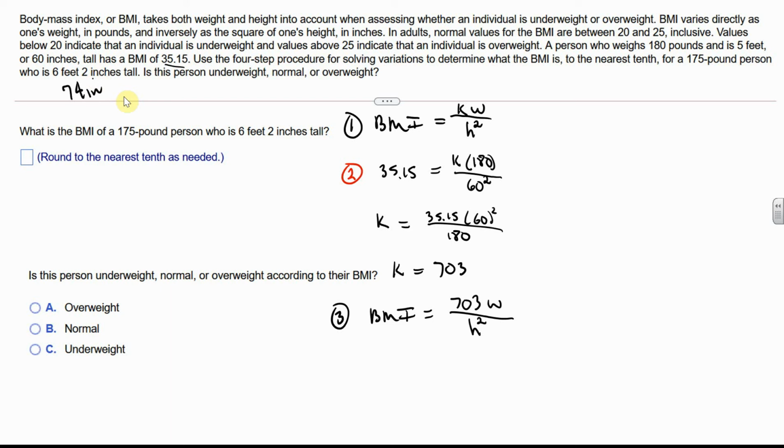See, here the units are all in inches. So step number 4, you're looking for the BMI of a person who is 175 pounds.